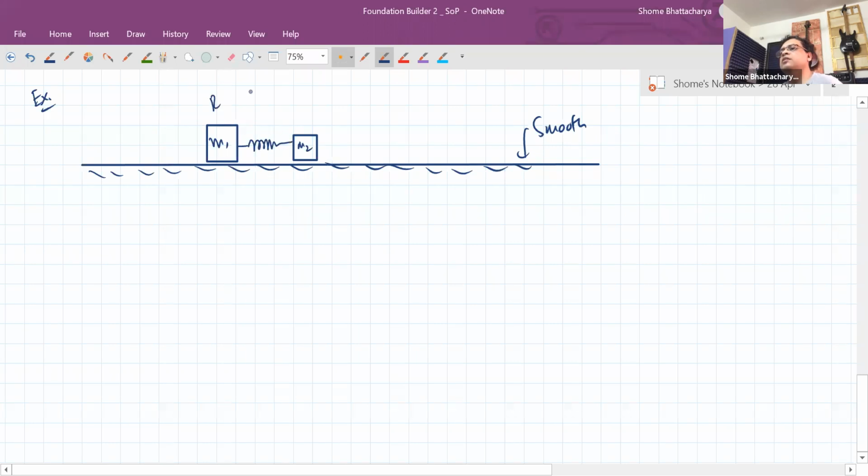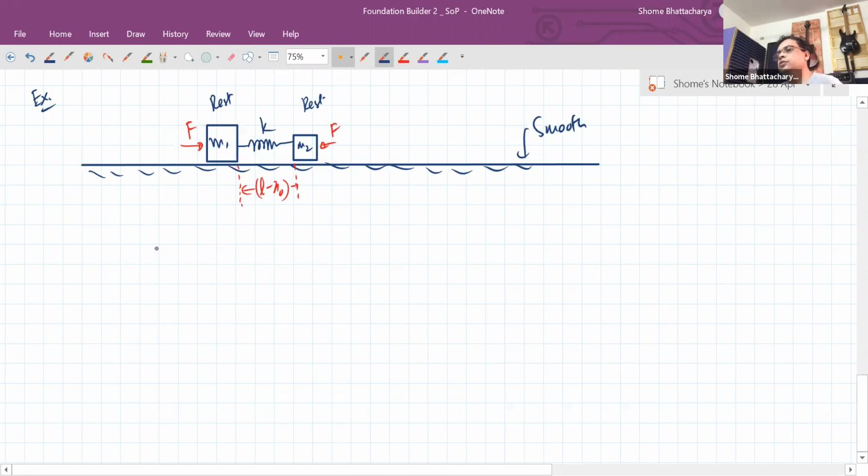Initially both the blocks are at rest, but the spring is in a compressed state. It is not at natural length, it is at L minus x naught because of some external force that we are applying, but equal and opposite external forces.